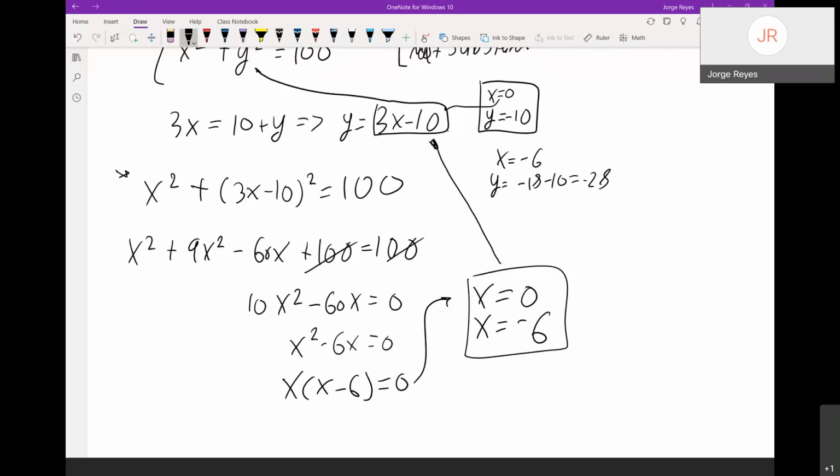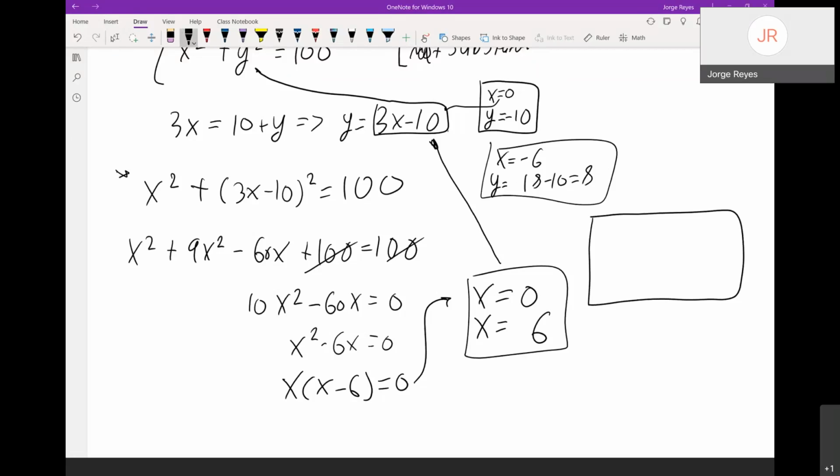Did I do that right? Oh, no, I didn't, because this should be positive 6. So this should be positive 18. So this should just be 8. There we go. And then, so you have two answers, and you must answer this way, okay? (0, -10), (6, 8), okay? Those are your two answers to this system, all right?